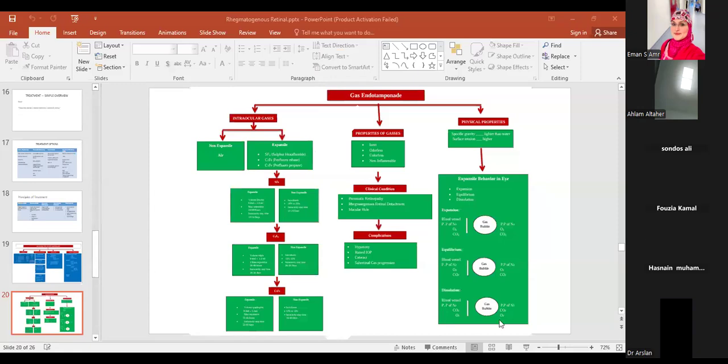Now I have received the request. Can you see the screen now? Not yet. I don't know what's the issue here. I allowed the screen sharing, Dr. Hassanin. Just wait then. Yeah. Now, can you see that?